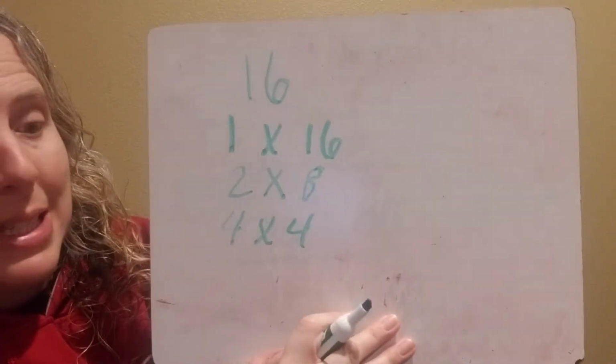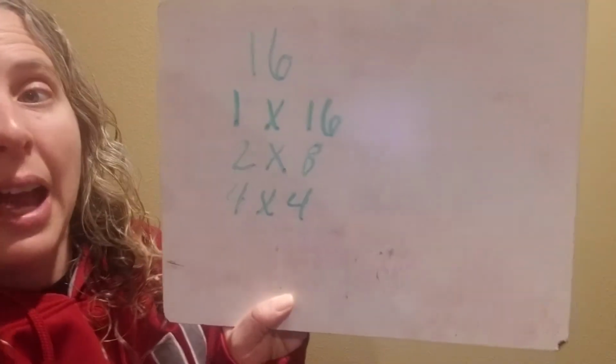What about 6? Again, I can either count by 6s, I can think, what do I know? Or I can look on my multiplication chart. There's 6, 12, 18. I don't think that's very clear, so I'm not sure that you can see that.